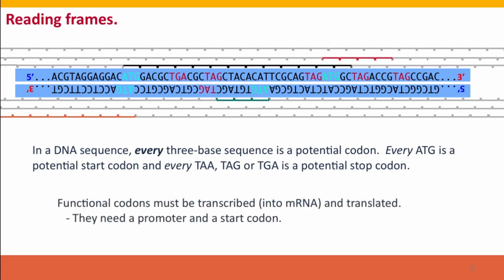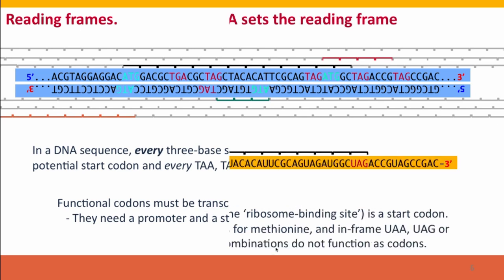That's because the cell doesn't translate DNA. The cell translates messenger RNA. And the only things that are considered by the ribosome are sequences that have a promoter so that they can be transcribed. And then they are potentially translatable.